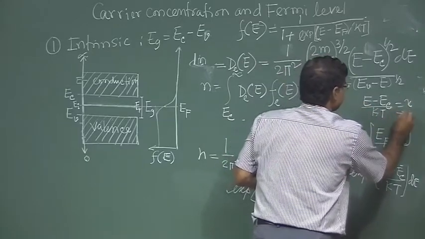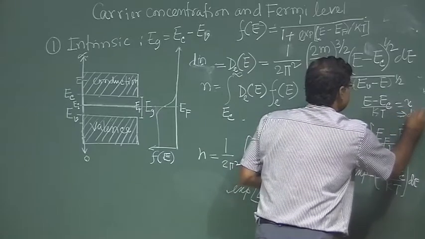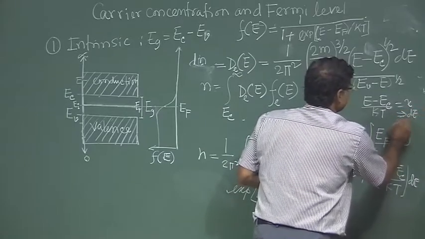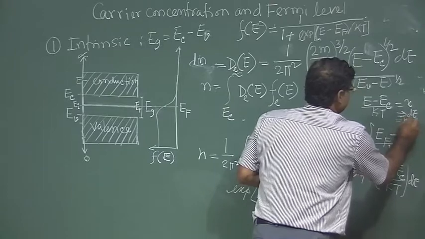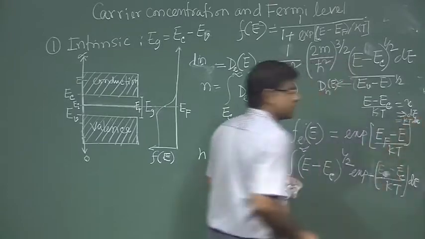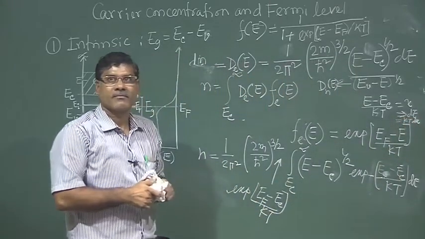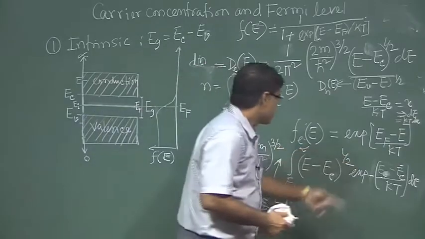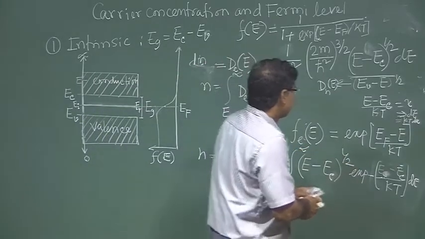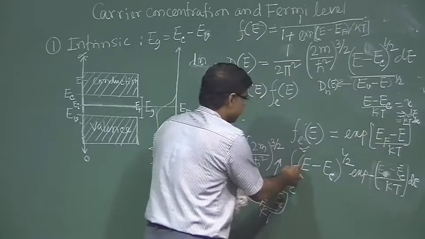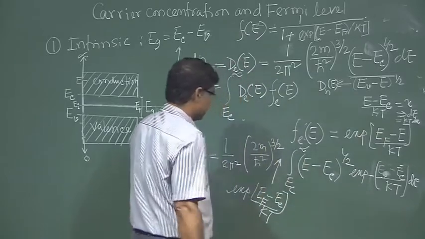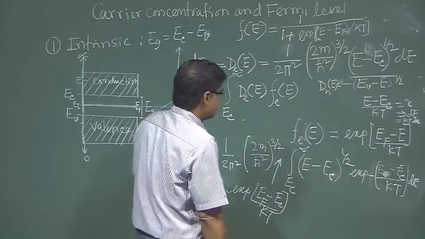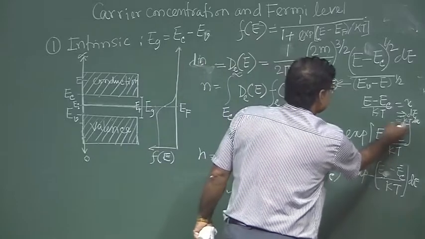So, from here you will get dE equal to KT dx, right. The KT term will come here, and this KT I can take out.